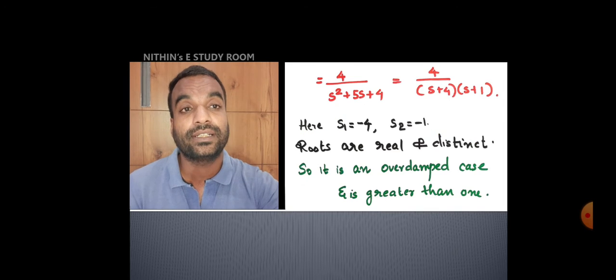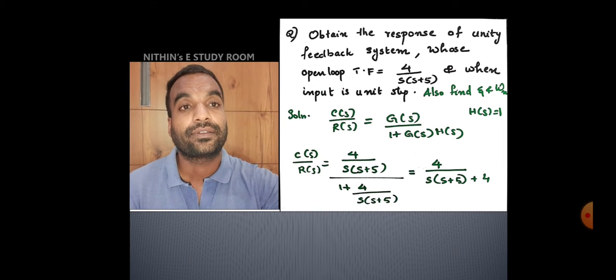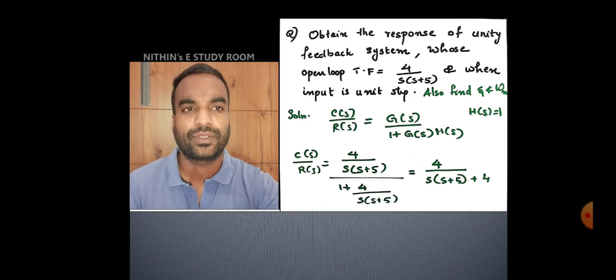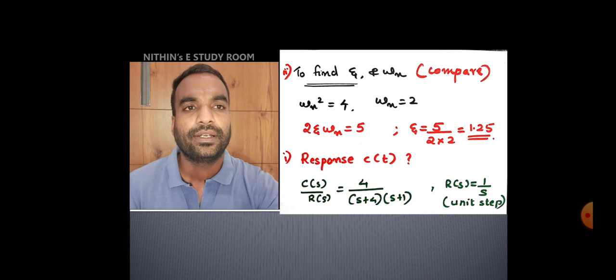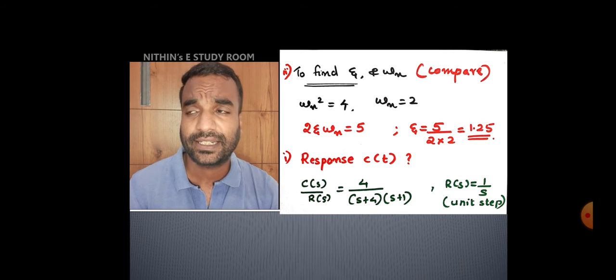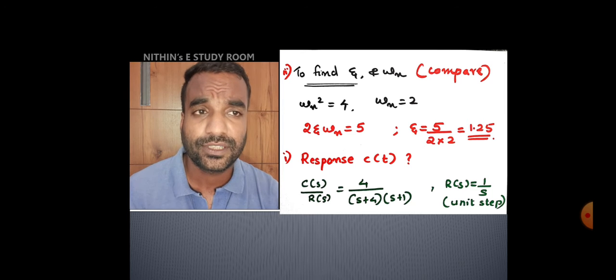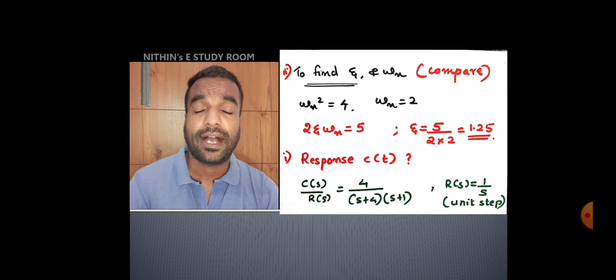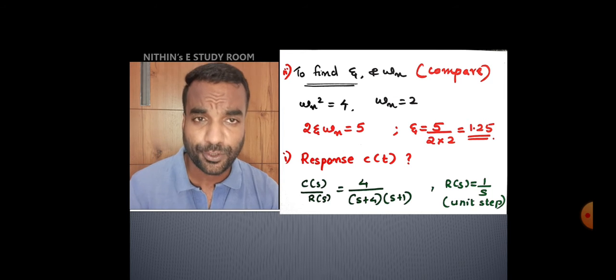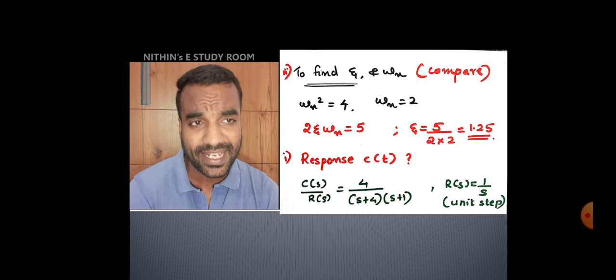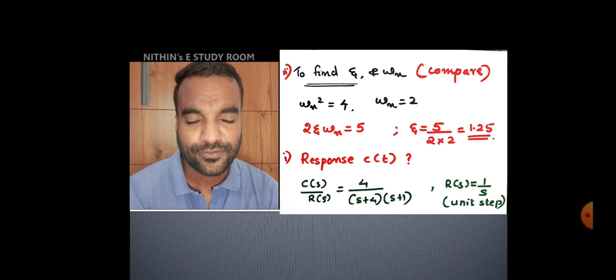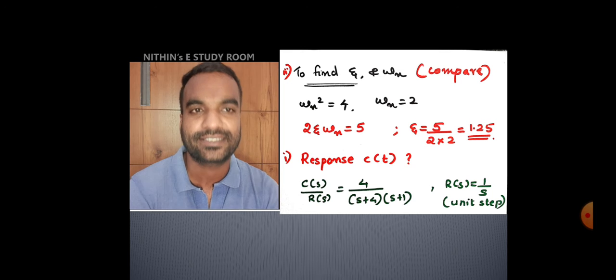In this question, it is given that the input is unit step. In time domain, unit step means r of t is equal to 1. In frequency domain, if we take Laplace of 1, it will be 1 by s. R of s for unit step is 1 by s.